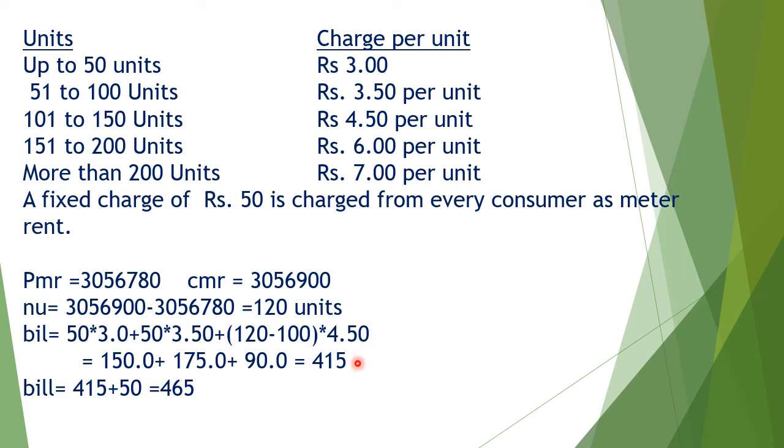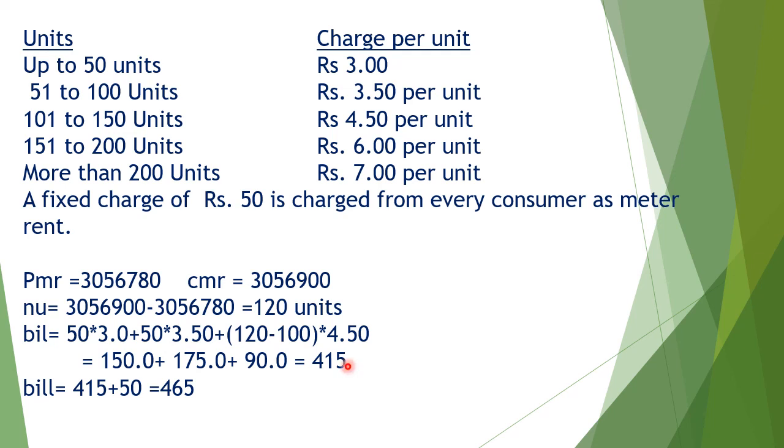So the total bill to be paid is 50 star 3.0, that is 150, plus 50 star 3.50, that is 175, plus 20 star 4.50, that is 90, is equal to 415.